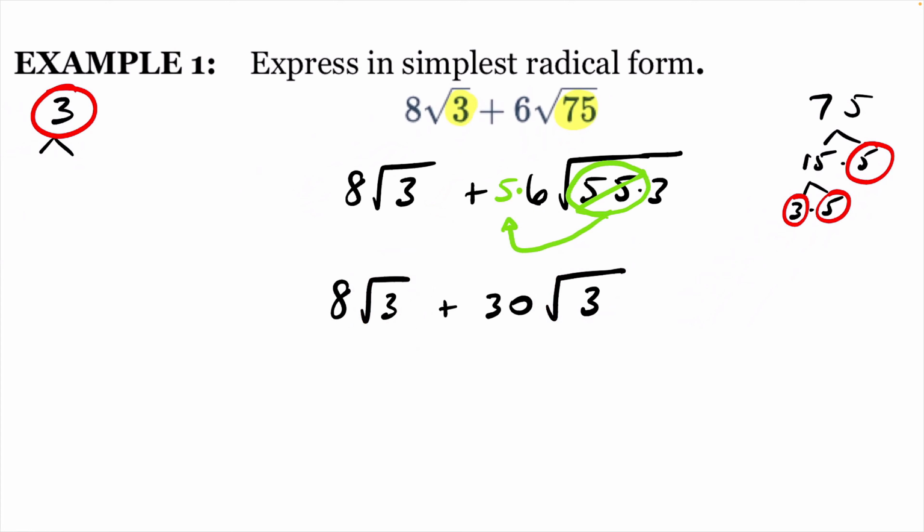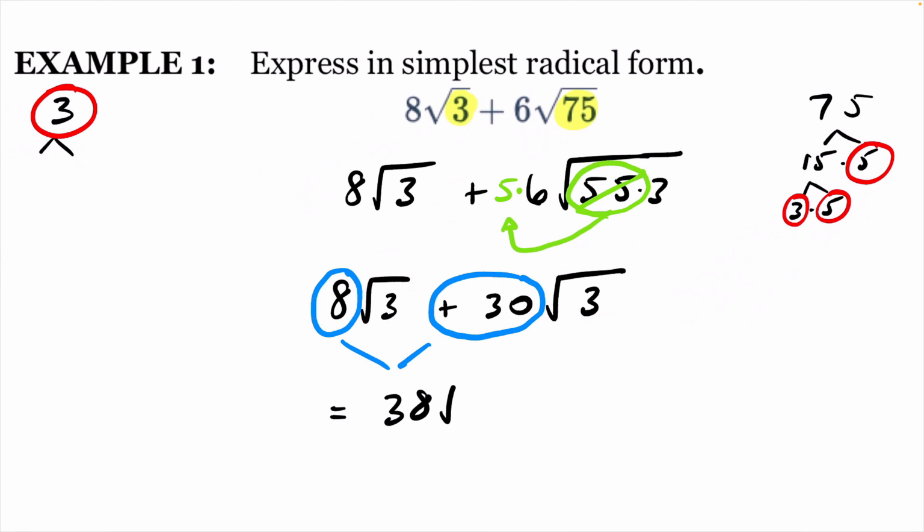So how do we do it? We only add or subtract the coefficients. These guys, the square root of 3s, leave them alone, they're done. So we're only going to add 8 plus 30. That's all we're going to do. 8 plus 30 is 38.